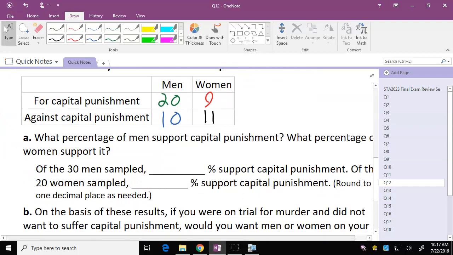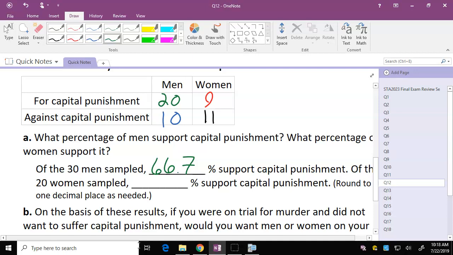Okay? Now it says what percentage of men supported capital punishment and what percentage of women supported capital punishment. So of the 30 men sampled, what was the percent that supported capital punishment? And it says round 1 decimal place, so say that again for me. 66.7. Okay. Yeah, because it's a 6 repeating.